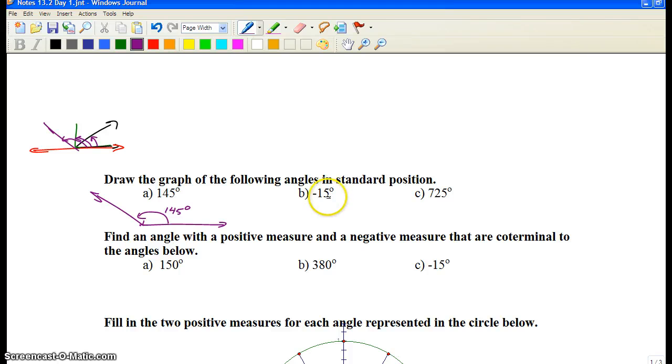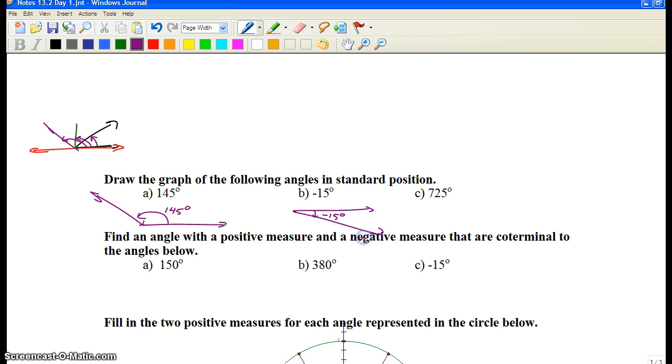That's okay. So like -15, we said that's a clockwise opening. If we have our initial side there, you start by drawing the initial side. That's why it's the initial. And then open it 15 degrees. We have to go clockwise for -15. So we just go down and we write -15 degrees. Ish.